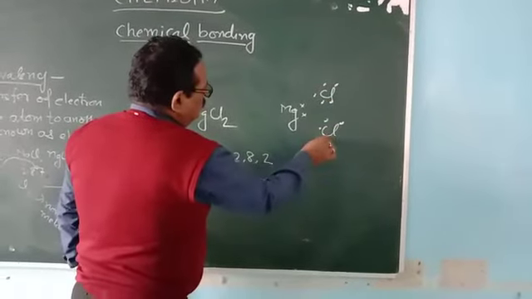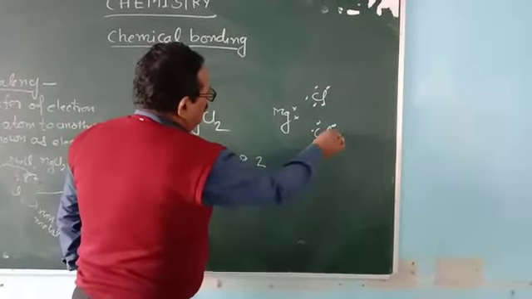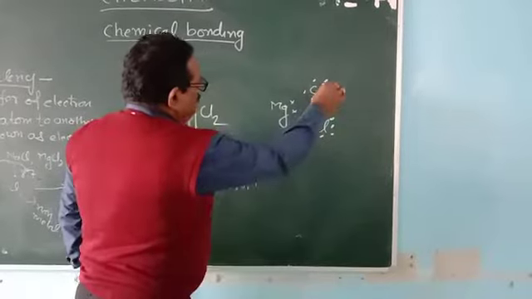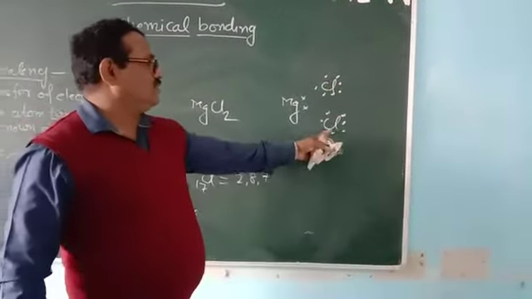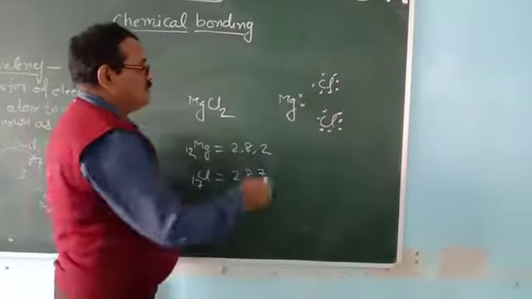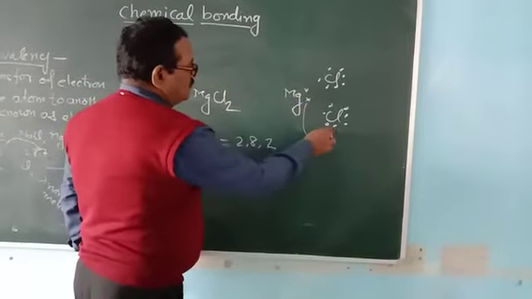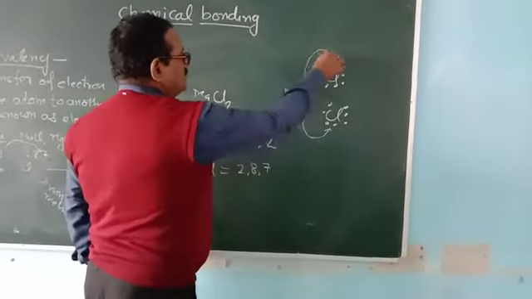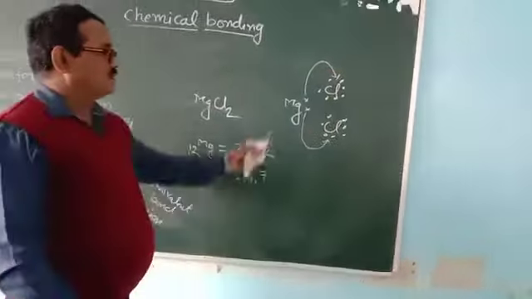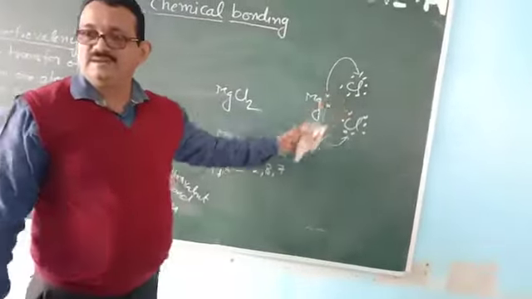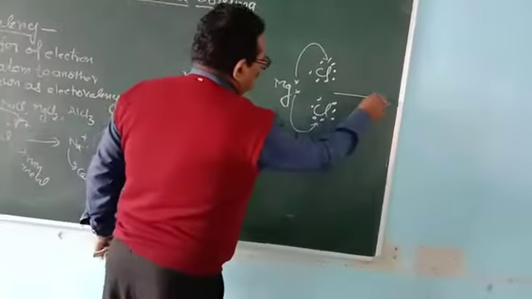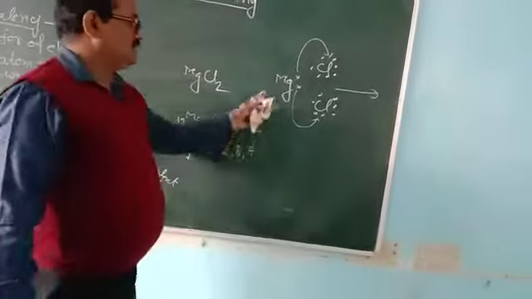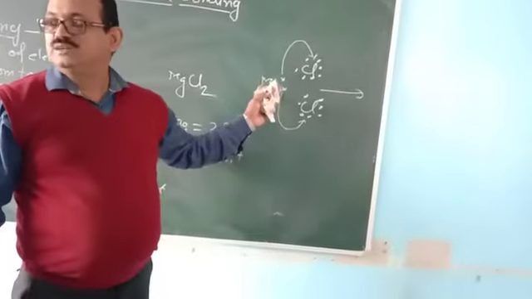And you can also know that with 7 electrons in chlorine, both chlorine atoms each receive 1 electron transferred from the magnesium, and both chlorine atoms complete their octet here. The magnesium releases the electrons from its outer shell.